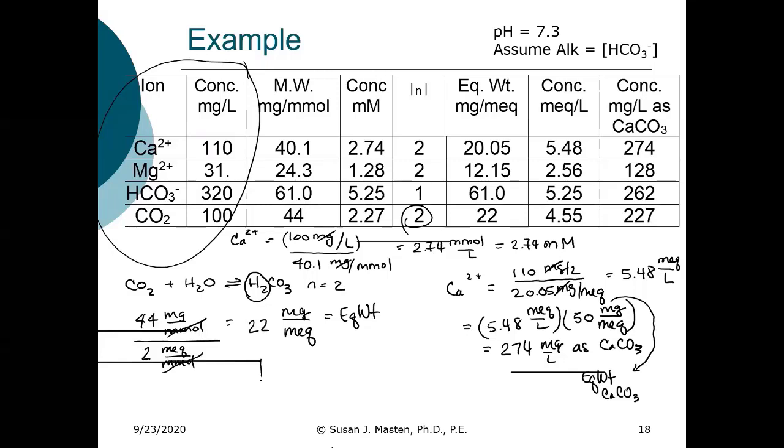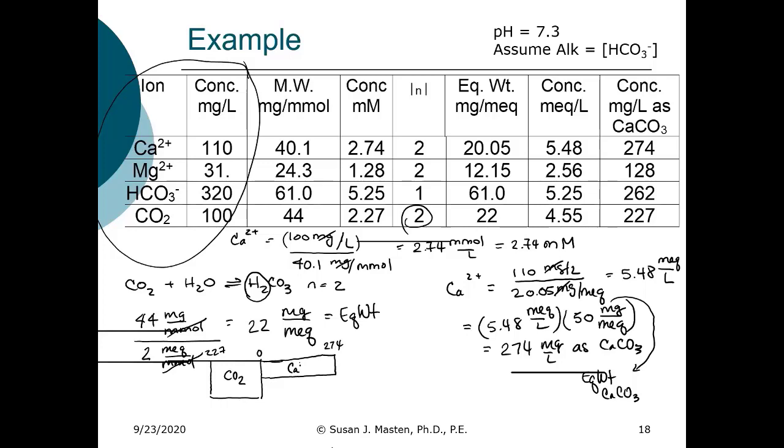So let's start here. And this is 0. Not very good to scale, but this is our CO2. Typically, we'll draw the CO2 in this way, and the concentration is 227. So this is the concentration in milligrams per liter. Concentration of calcium, and we write these in the form of predominance. So calcium is, of the cations, the highest concentration.